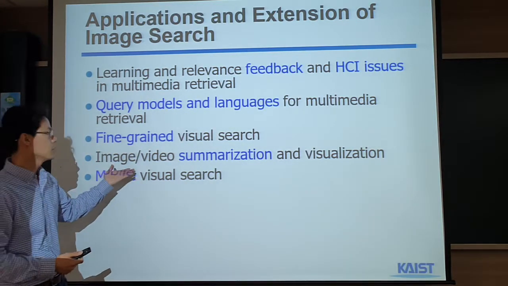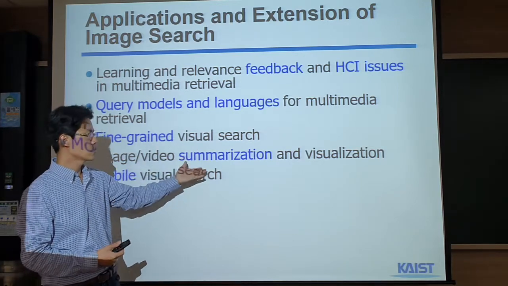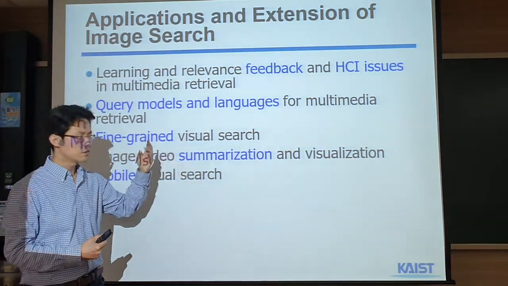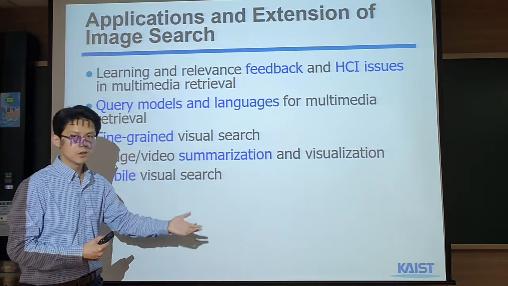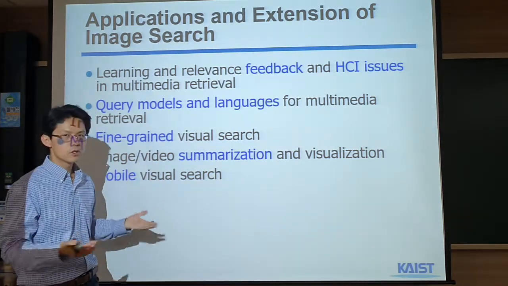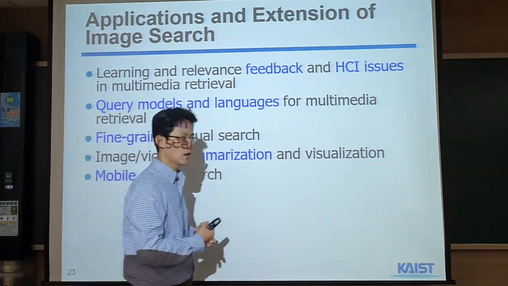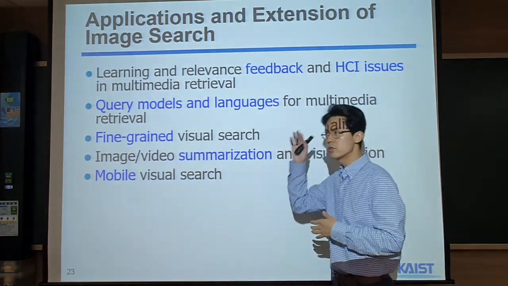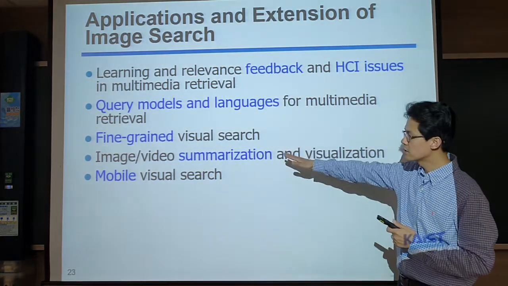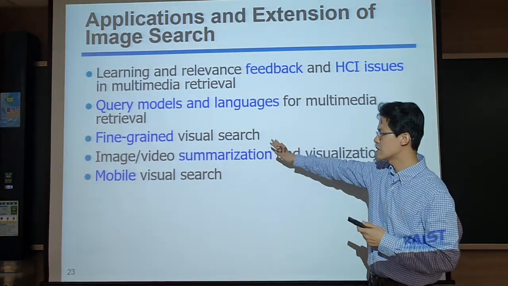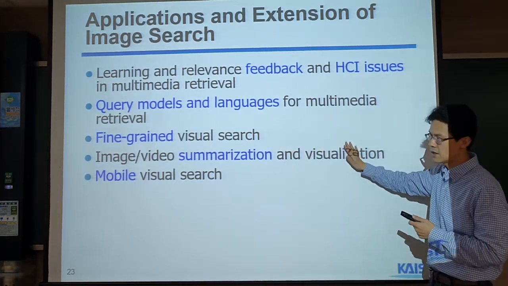We also need to think about summarization. We can identify a set of images and videos, but showing a lot of results to the viewer takes a lot of time for the user to understand, right? Along that line, we need to think about summarization and good visualization techniques.